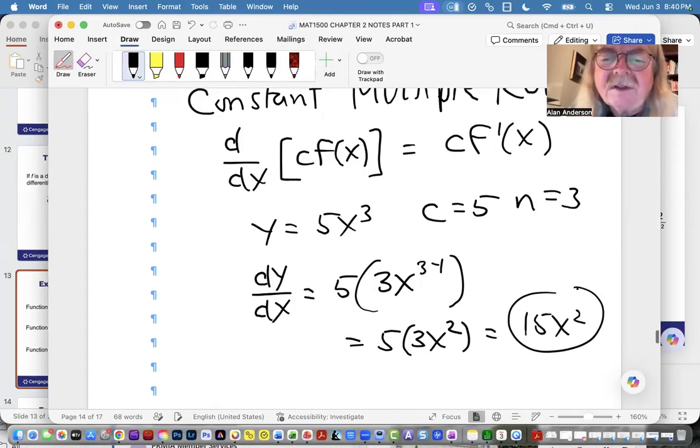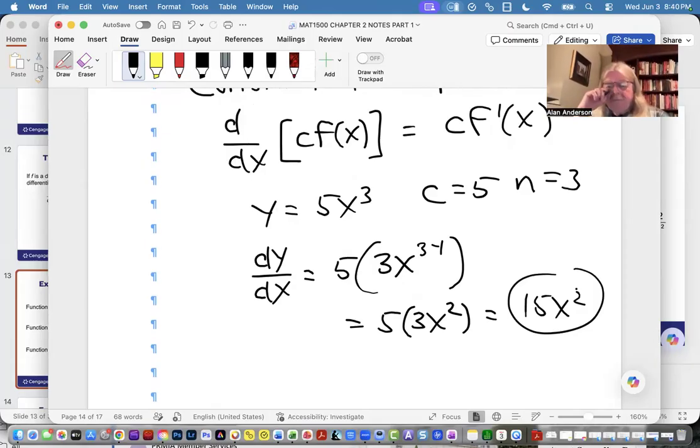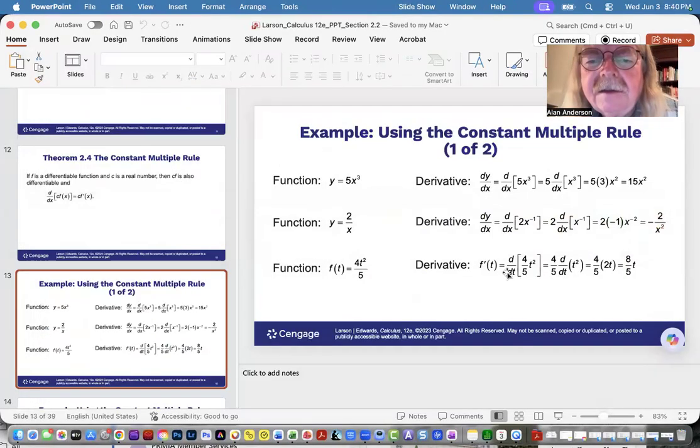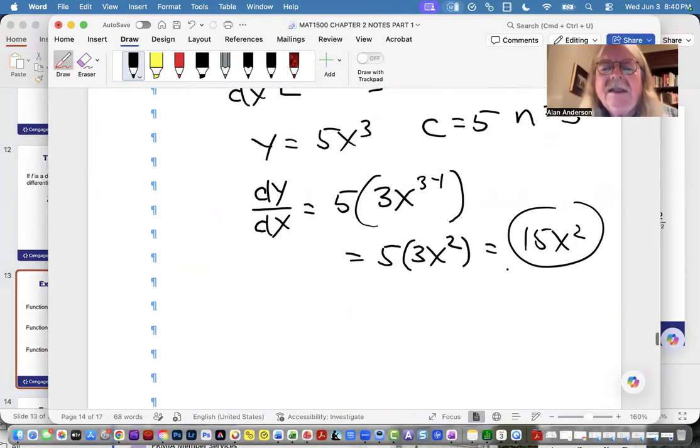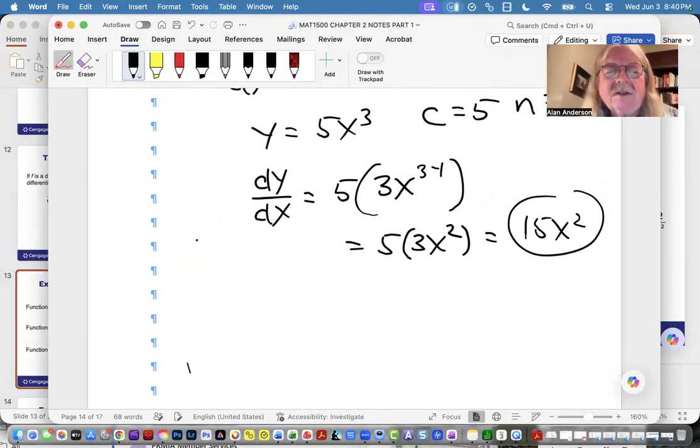And that's our final result. Okay. So again, after you've done a few of these, you'll start to realize pretty quickly that a lot of these are just not very difficult. It just takes a little practice.